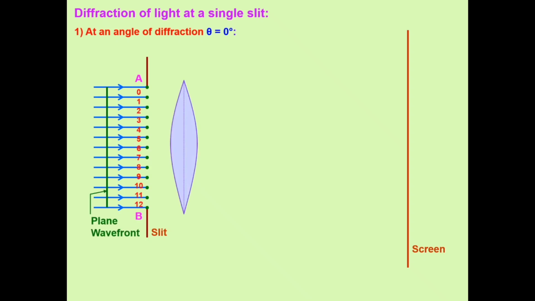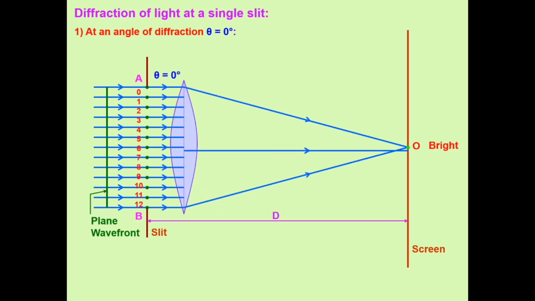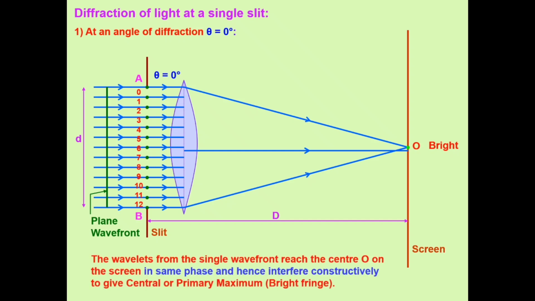At first, I will discuss when the angle theta is 0. You already know that where the path difference is 0, as in the previous lecture on interference, there is the formation of central maxima. Before discussing this, I take the source S, which is monochromatic, placed at the focus of a convex lens, so that the light coming from the source is parallel to the principal axis.